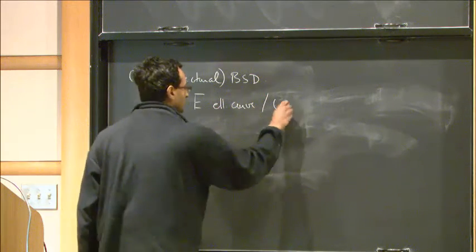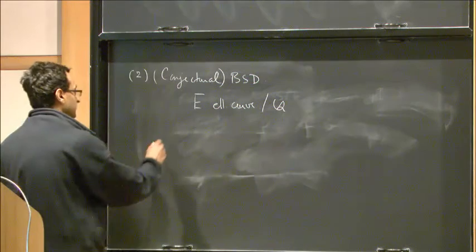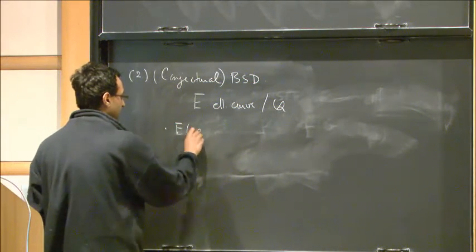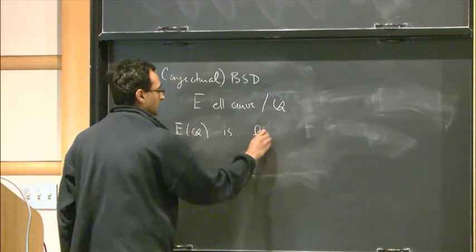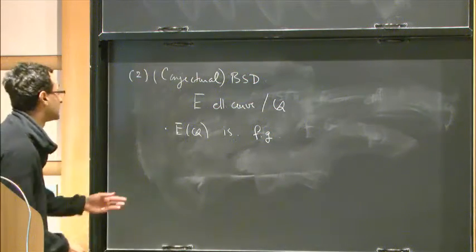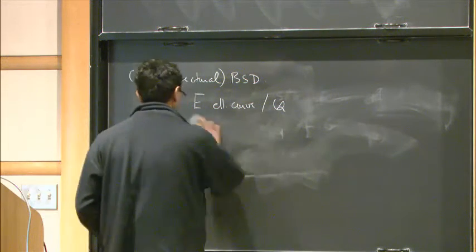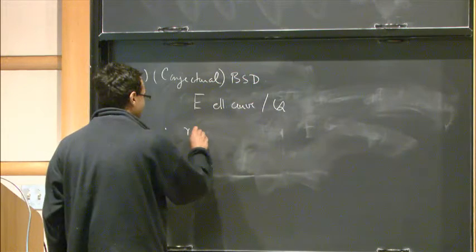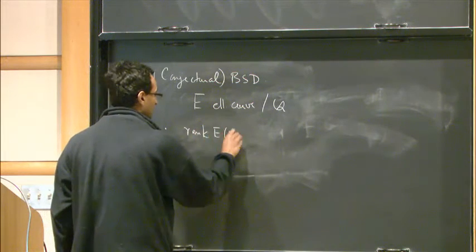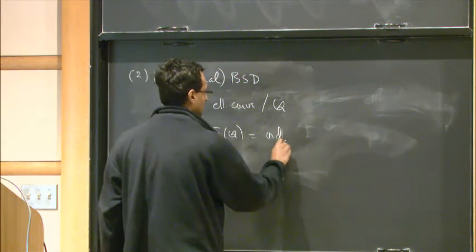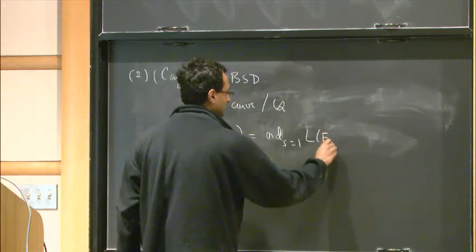say over Q also, then firstly the Mordell-Weil group is finitely generated. That we know. What it says is that the rank of the Mordell-Weil group is the order of vanishing at s equals 1 of the L-function L(E,s).